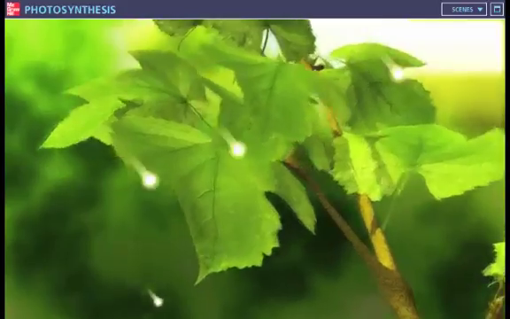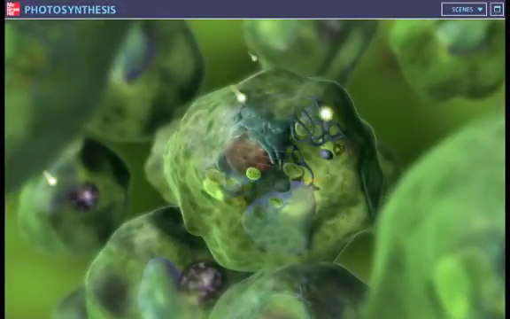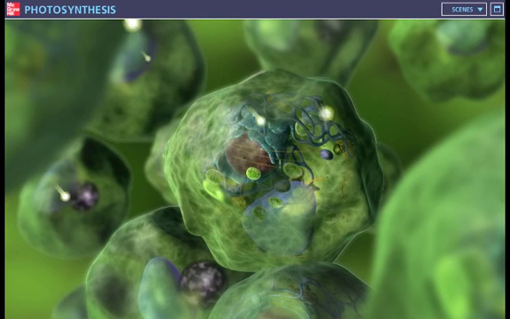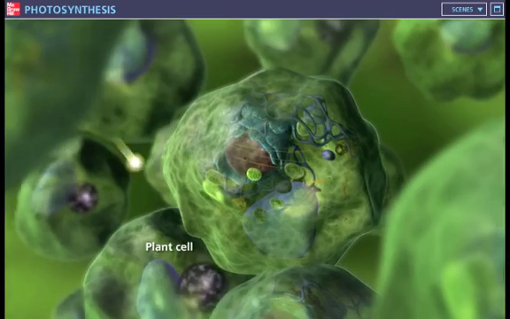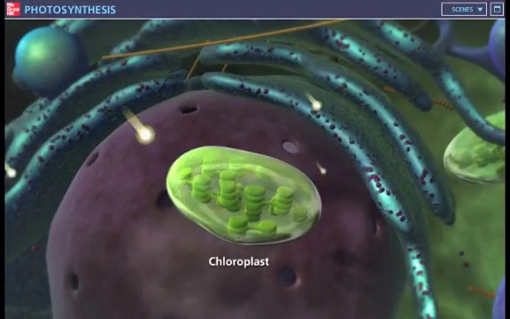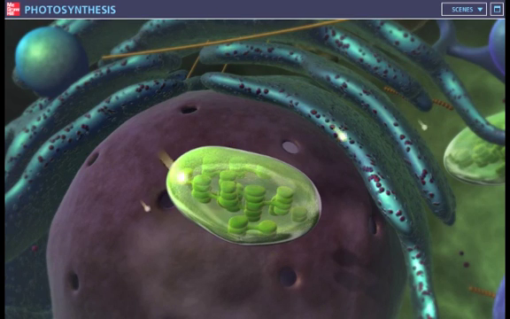Within eukaryotic photosynthetic organisms, also known as photoautotrophs, the chemical reactions of photosynthesis occur within plant cells in specialized structures known as chloroplasts. Photosynthesis consists of two sets of reactions: the light-dependent reactions, and the Calvin cycle.